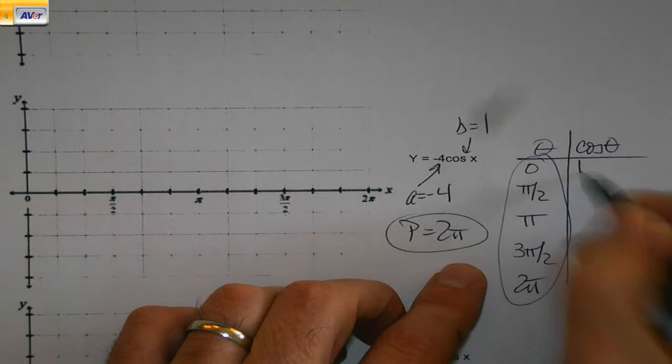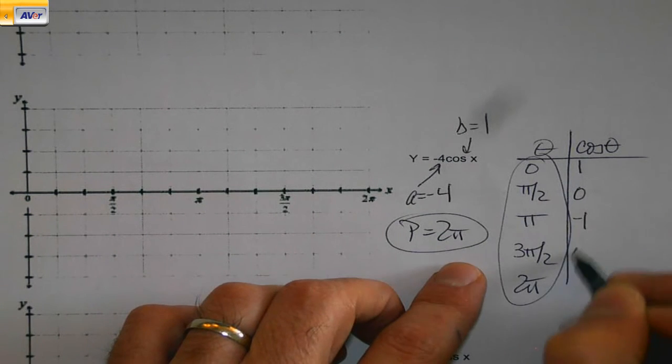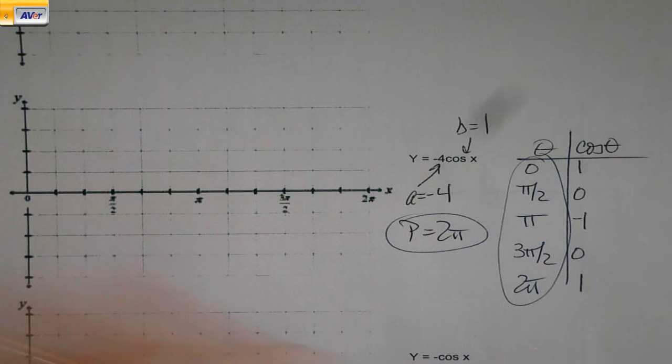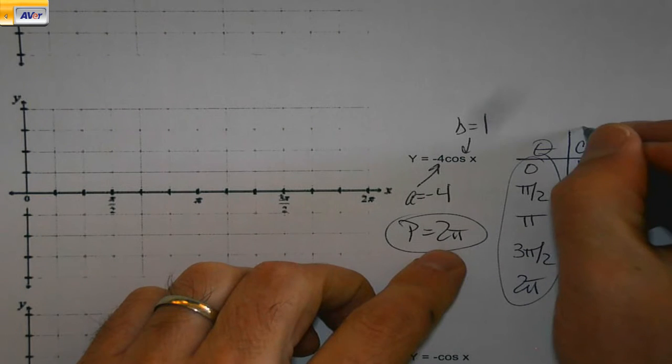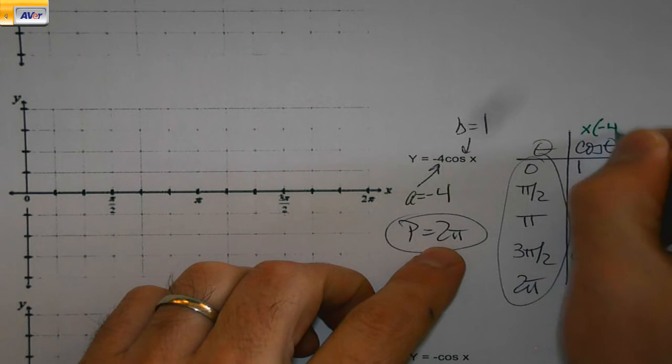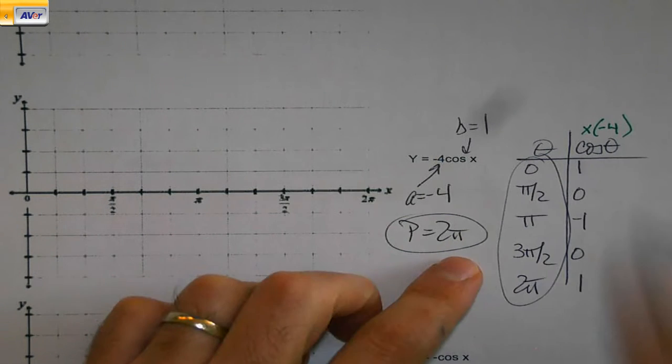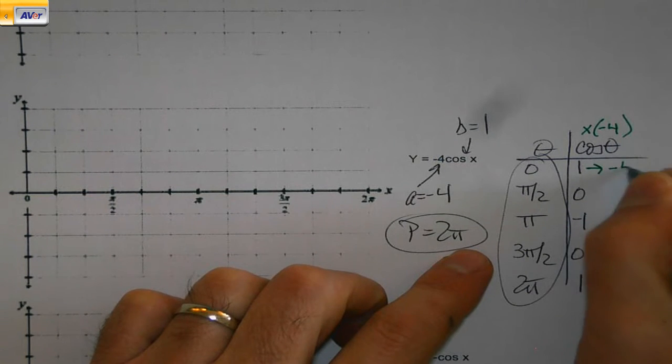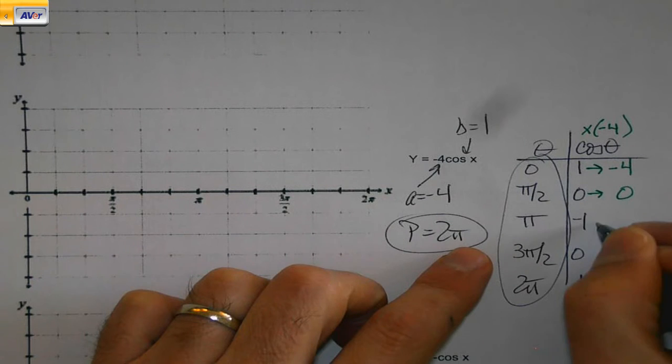My cosine part, though, and again, the more I keep writing these, the more apt I am that I'm going to have this locked in. We're always going to multiply by the a value. So here, we're going to multiply all of these by -4.